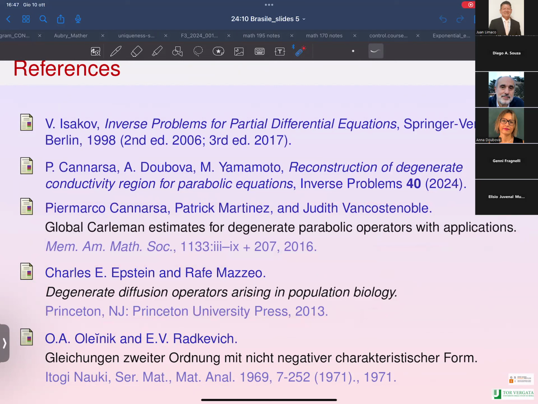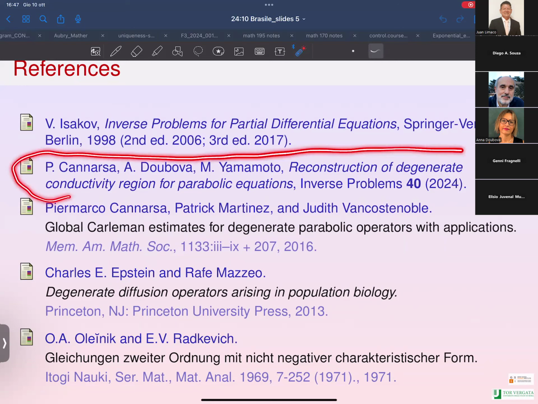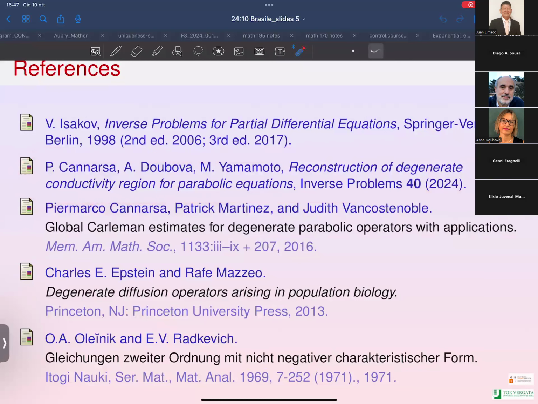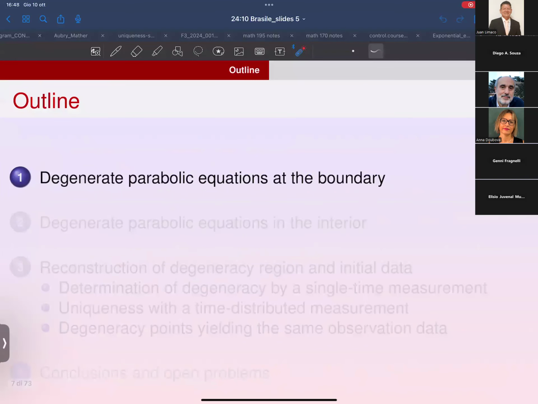All the mathematics I'm going to discuss in this talk is essentially contained in this paper with Anna Doubova and Masahiro Yamamoto on the reconstruction of the degenerate conductivity region for parabolic equations. Okay, so in this talk I will briefly recall the theory of degenerate equations when degeneracy occurs at the boundary, because that was the first one to be developed, and it is also relevant to the subject of this talk.